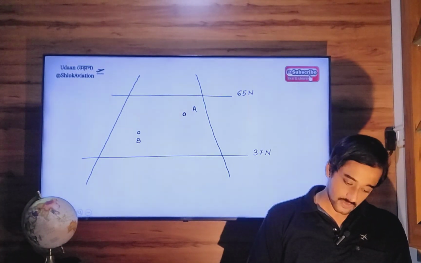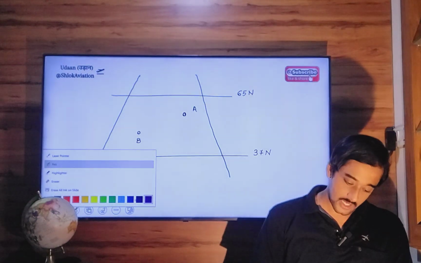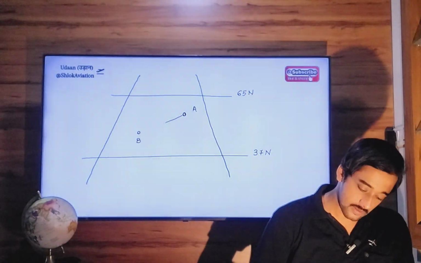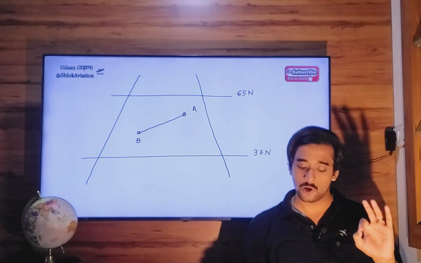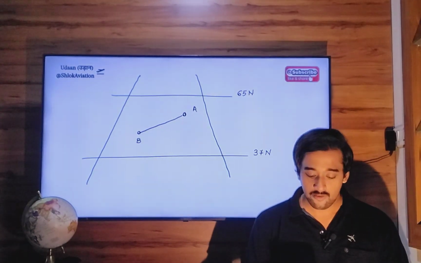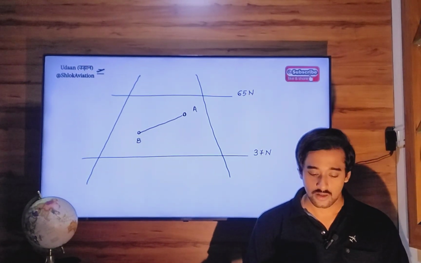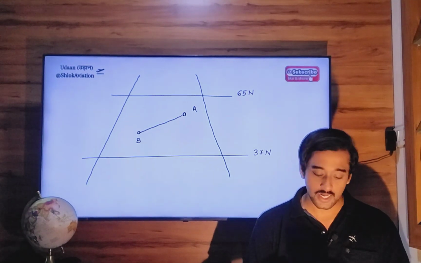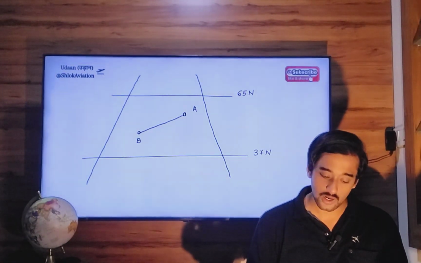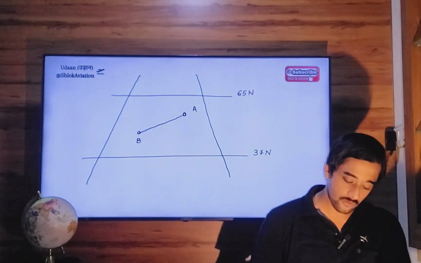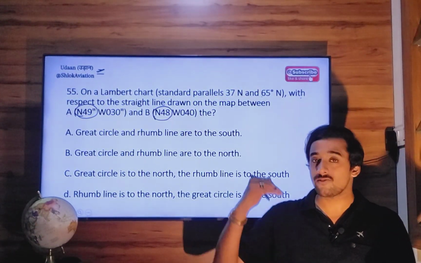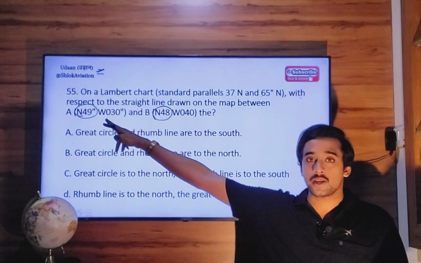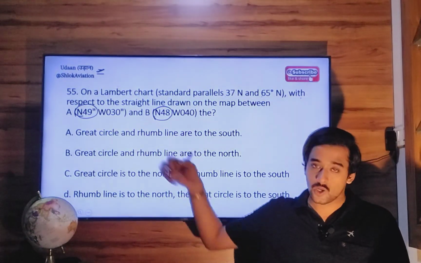So, okay, you are flying from A to B, like this. Now, these are the two standard parallels, 65 north and 37 north. The average is 51 north. That average 51 north will be your parallel of origin. Now this 51 north will be above this 49-degree north latitude as well as 48-degree north latitude.